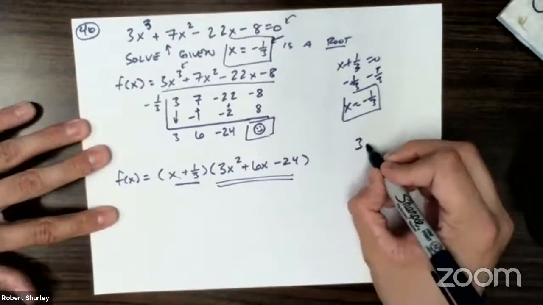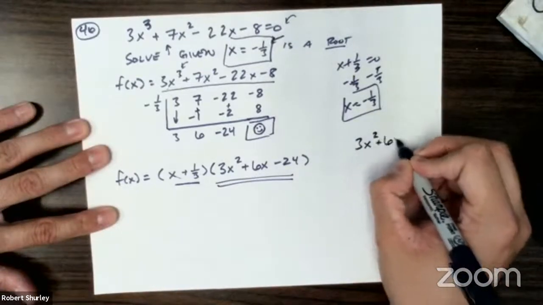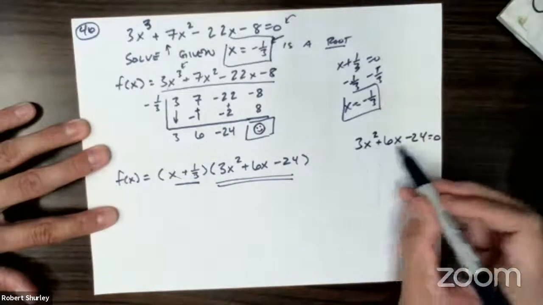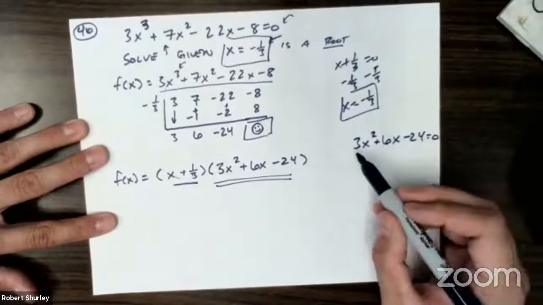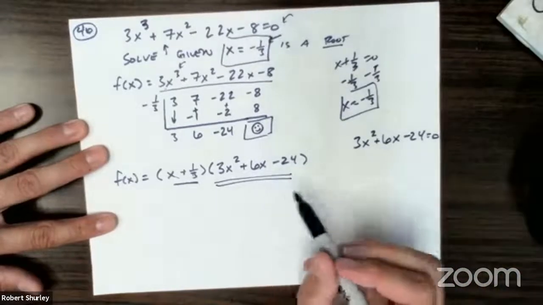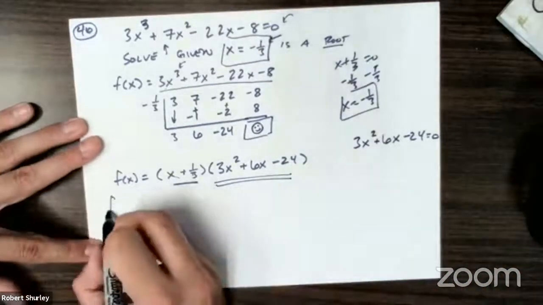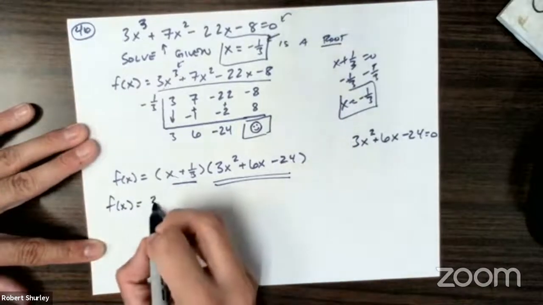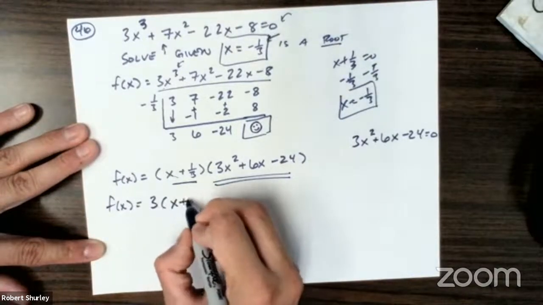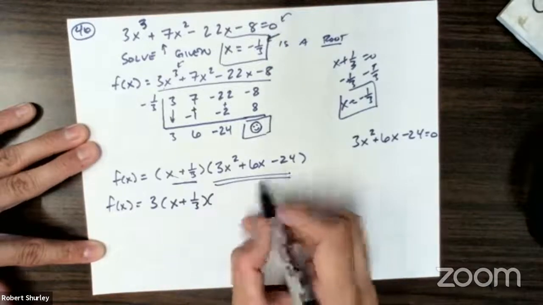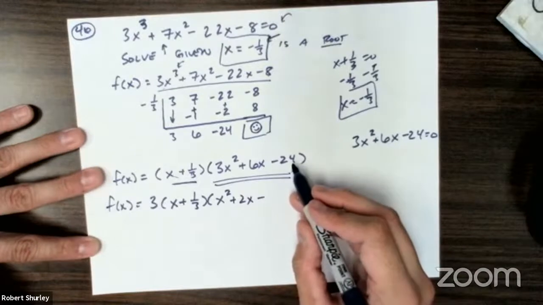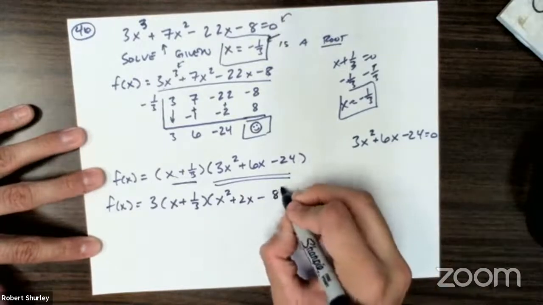So I'm going to see if I can just factor it. Well, look, I see that all 3 of these have a factor of 3, right? So I'm going to be a little lazy here. I'm going to factor a 3 out of here. And I'm going to put it out front because that's what we typically do. And this would be x squared plus 2x minus 8.